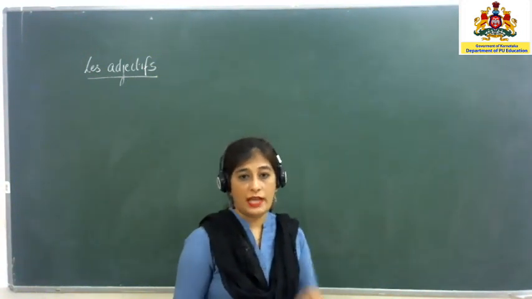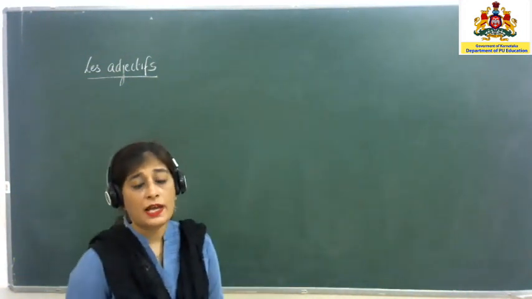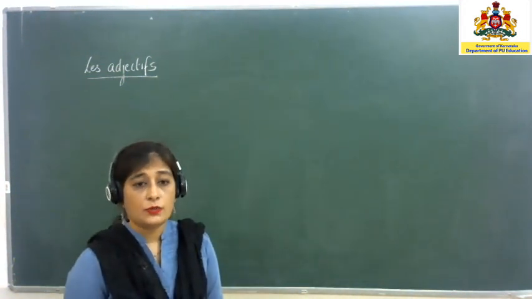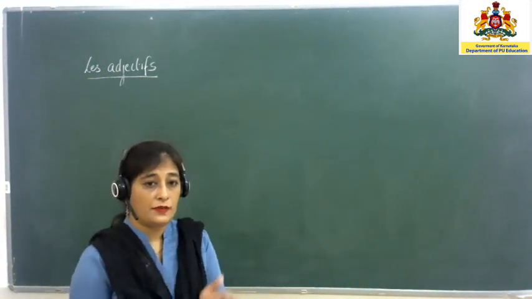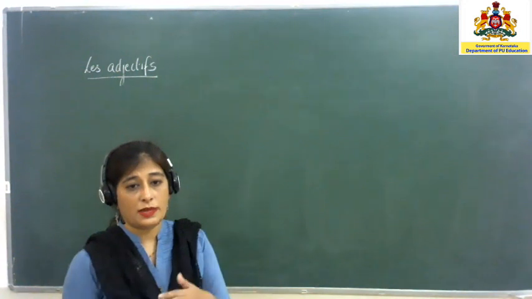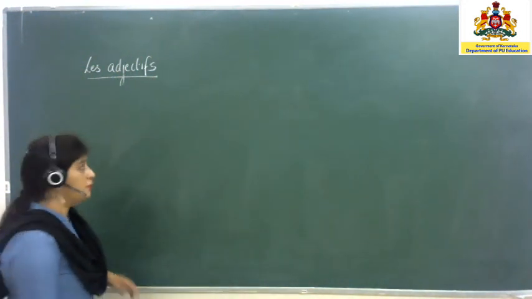So these are all nothing but descriptive, qualitative. So we are moving to the adjectives of quality. So in French, as you know, everything has a gender. So we will learn how to change an adjective from masculine to feminine, masculine to masculine plural, and masculine to feminine plural. Fine. So we're going to see examples for each.